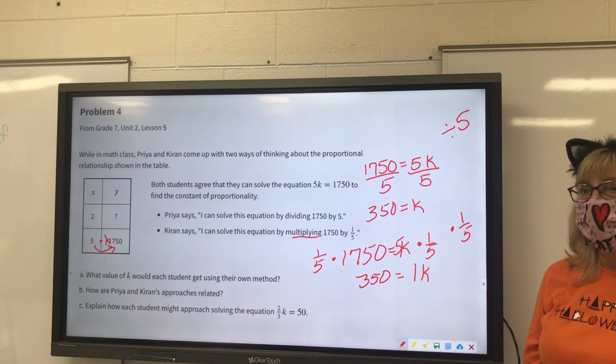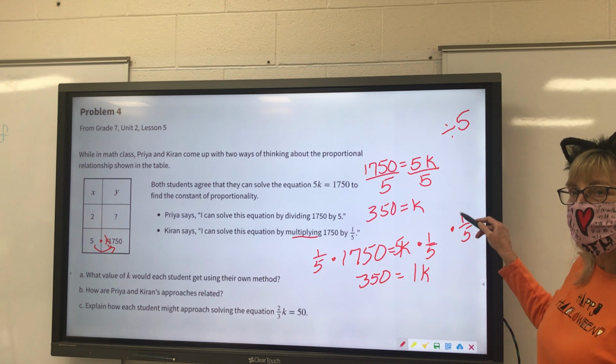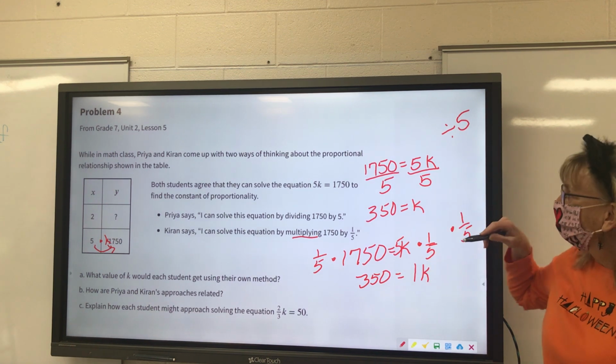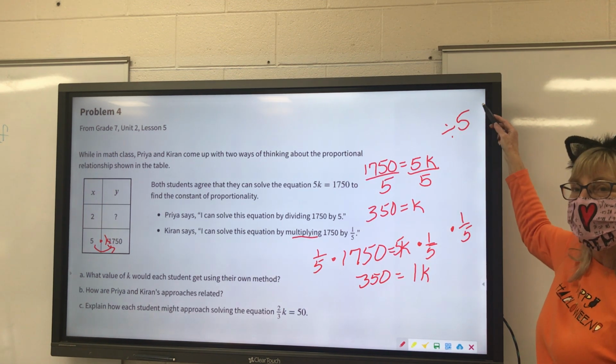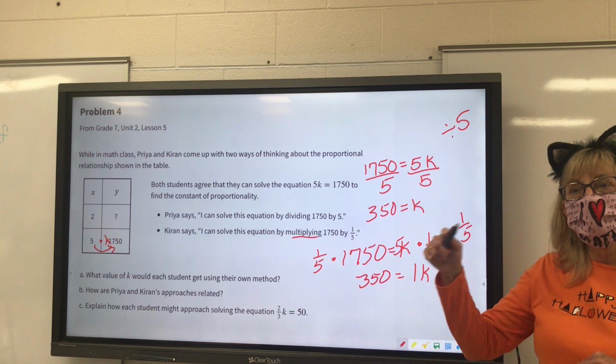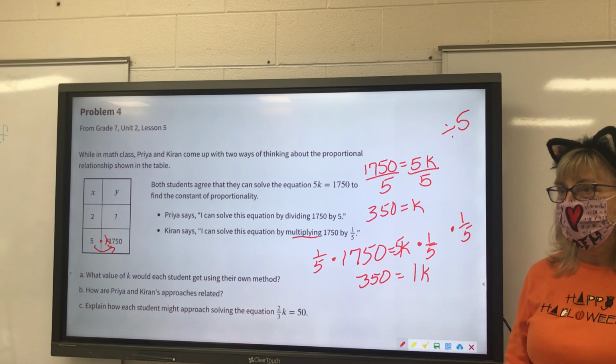Same thing, because dividing by a number is the same thing as multiplying by its reciprocal. So all they're doing is the same thing, but one is thinking in terms of division and the other is thinking in terms of multiplying.